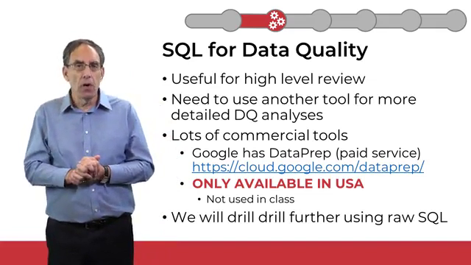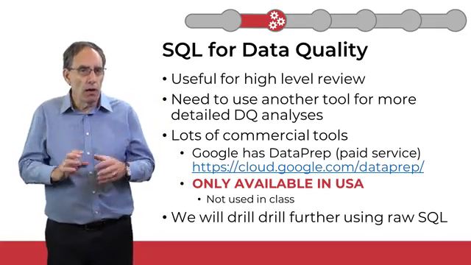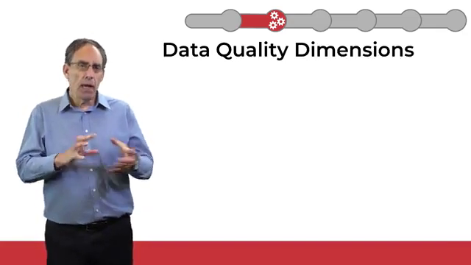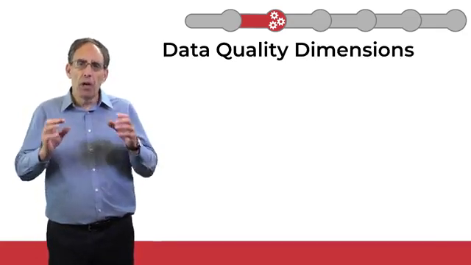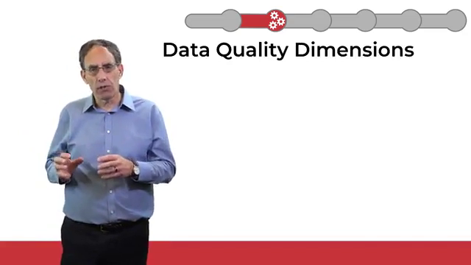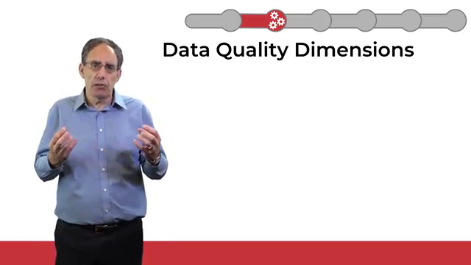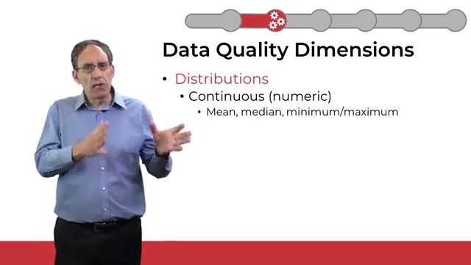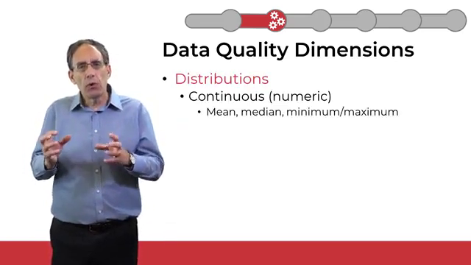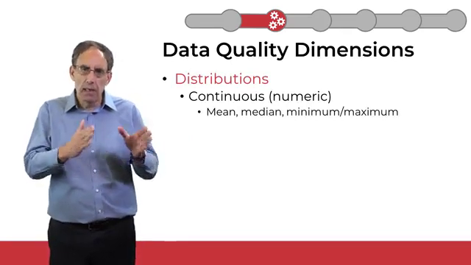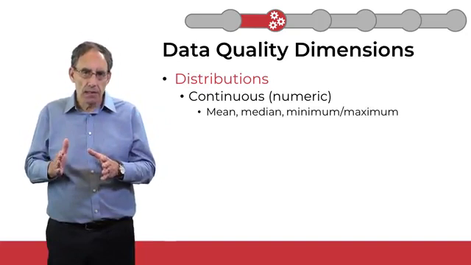For this video, we will use SQL to calculate quantitative measures for data quality. SQL is a powerful generalized data querying language. We are going to focus on relatively simple quantitative measures. To assess continuous data distributions, we'll use the SQL standard aggregate functions mean, min, and max.